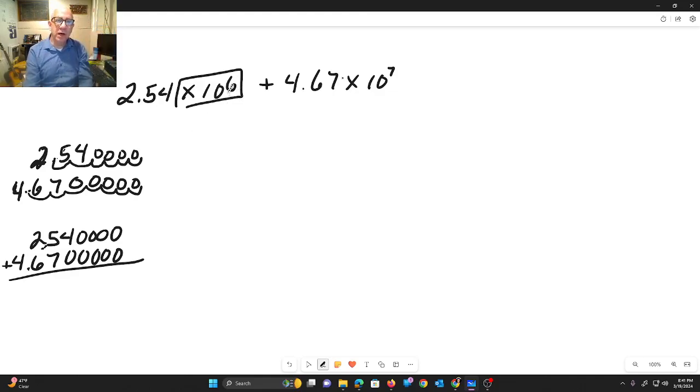So if I change this exponent to a 7, that means I'm multiplying 2.54 times 10 to the power of 7. So I'm multiplying by one more 10. So to get this 2,540,000, I've got to move my decimal point over one spot. Right? 0.254 times 10 to the 7, means I'm going to move this 7 spots.